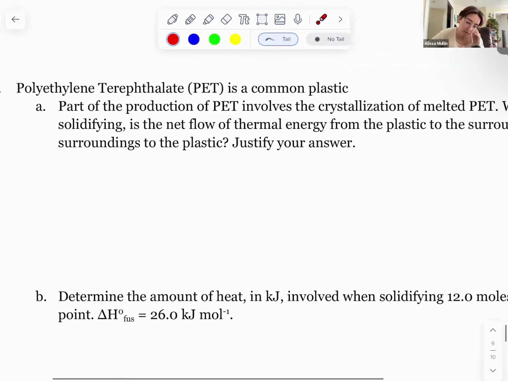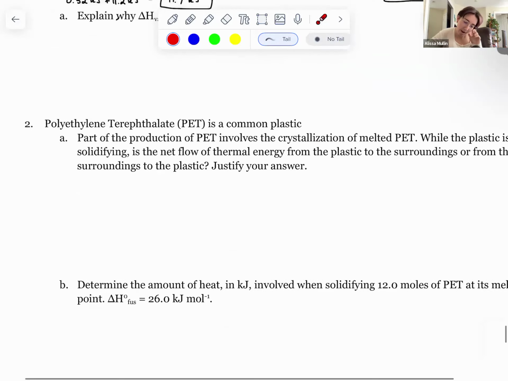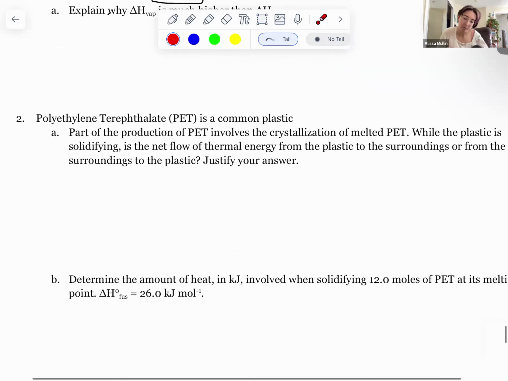Okay. We have a plastic. It often involves crystallizing the plastic in order to purify it. You don't really need to know what that means. All it means is that it's a super common thing to make something more pure, you heat it up and then you let it solidify again because some contaminants could come off. You get a better crystal of it, a better structure of it.